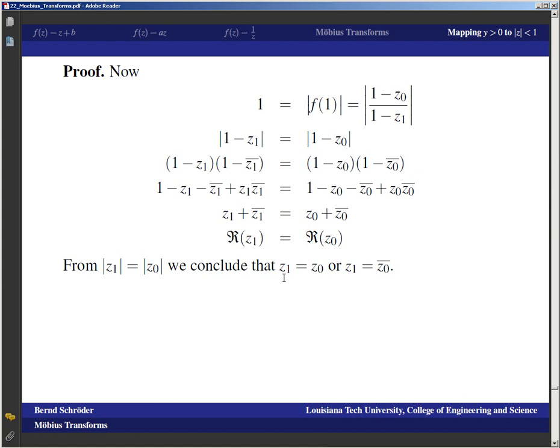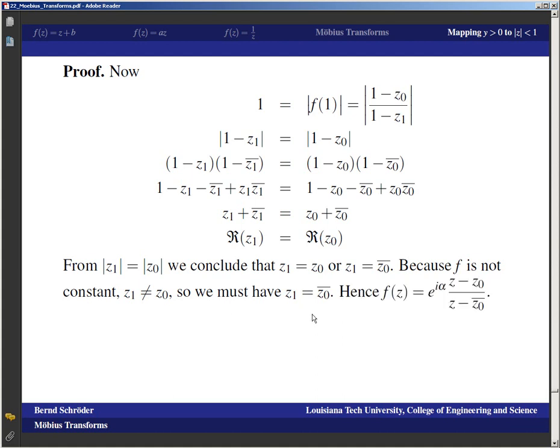That means we either have that z1 is equal to z0 or z1 is equal to z0 bar. And f is not constant, which means that z1 cannot be equal to z0, which means that z1 must be equal to z0 bar, and that means that f(z) is e^{iα}(z - z0)/(z - z0 bar).